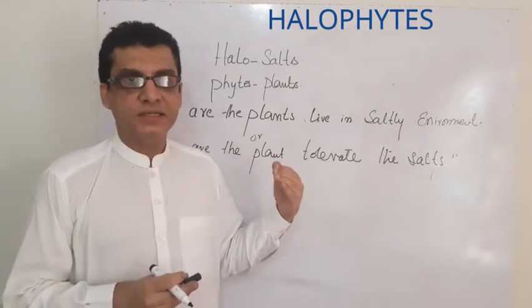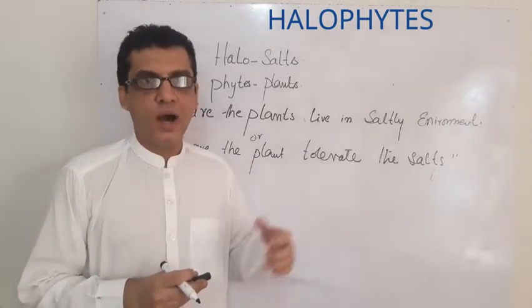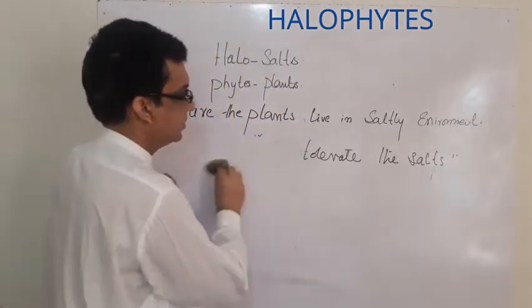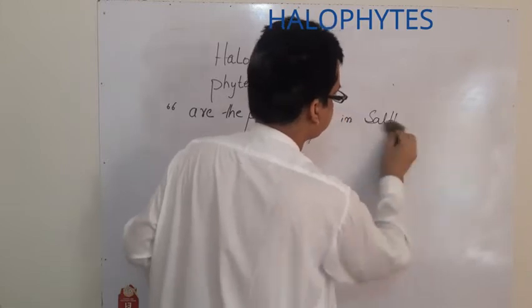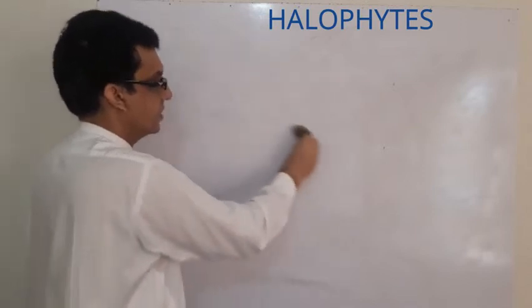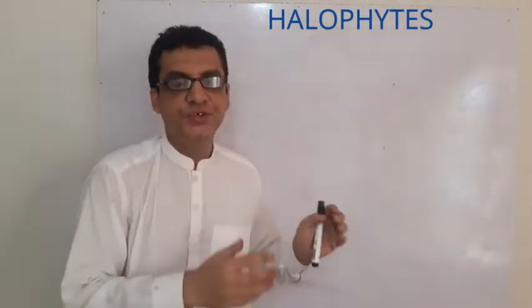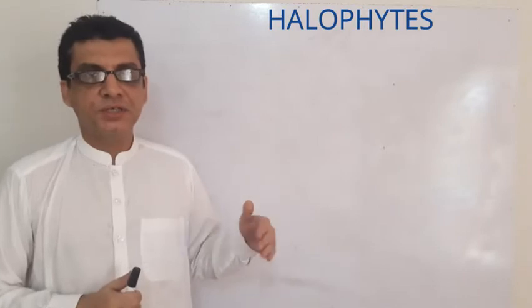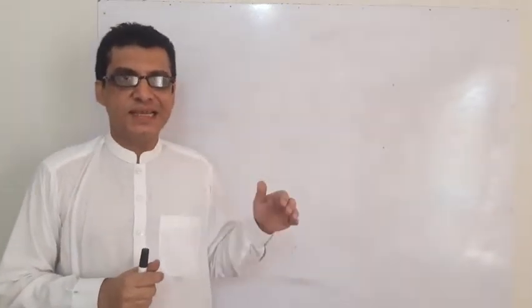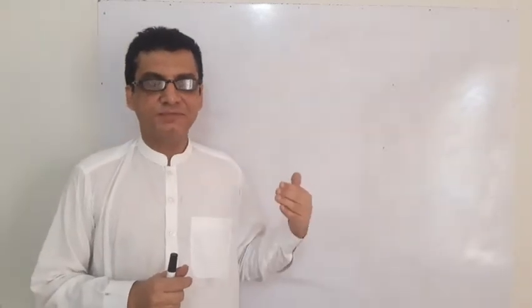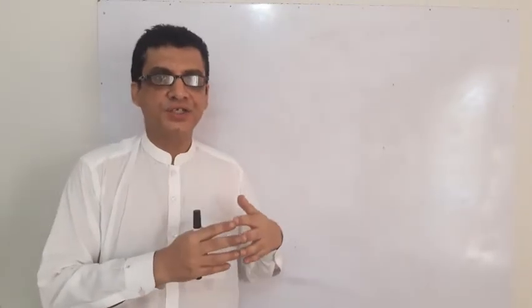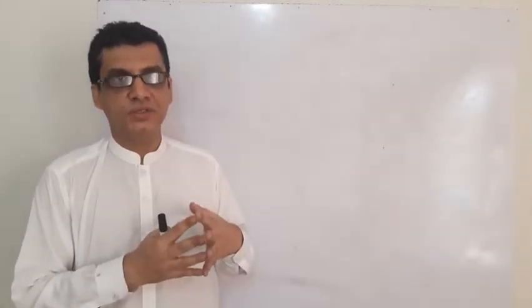How are they adapted to such an environment? For this, you should know about osmosis. What is diffusion? Osmosis, diffusion, turgor pressure, osmotic pressure, you have studied these things in class 9 biology, and also solute and solvent concentration, or concentration of the solution.